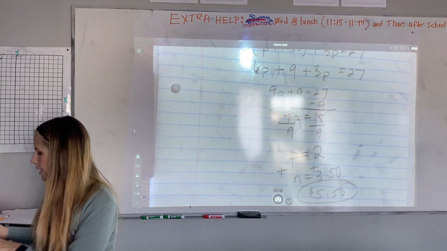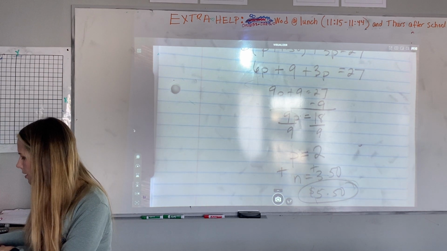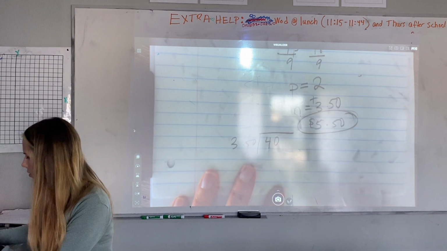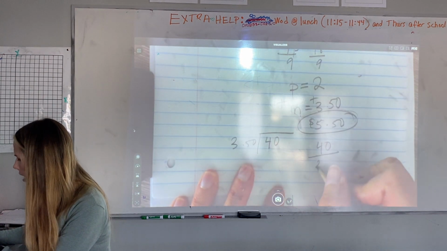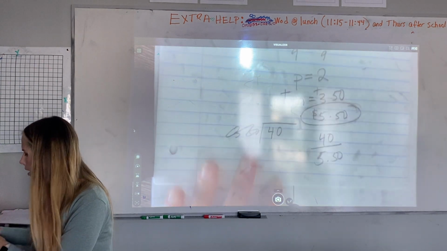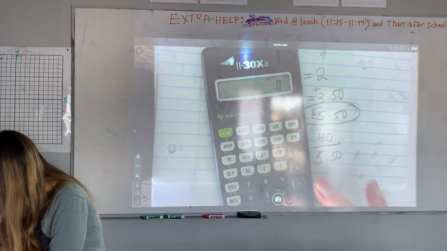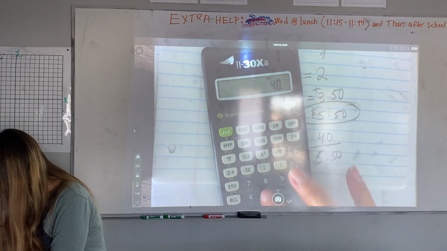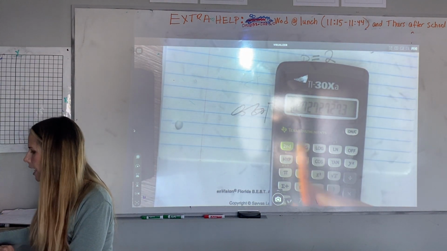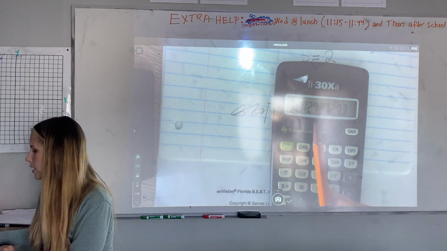All you have to do is take what she wants to spend and divide it by 5.50. You could just do 40 divided by 5.50. When I do that on a calculator, you get how many items she can buy with $40.